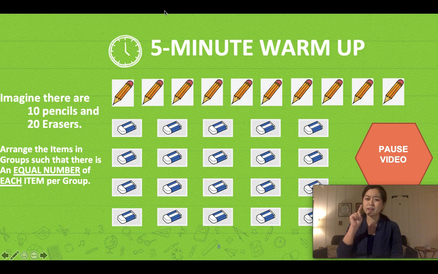You can draw 10 pencils and 20 erasers on your whiteboard or piece of paper, and then circle the groups that have the same number of items in each group. In each group there has to be the same number. You cannot have different numbers in each group. So pause the video, try this on your own, and think about what this could mean.